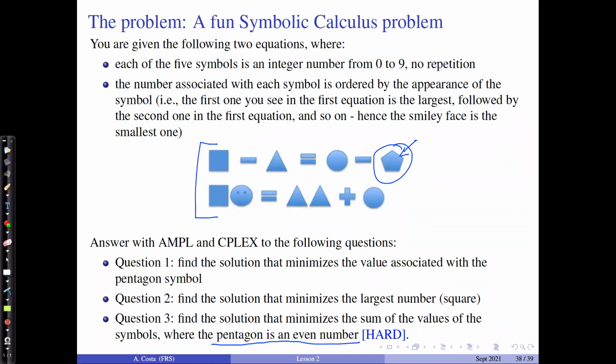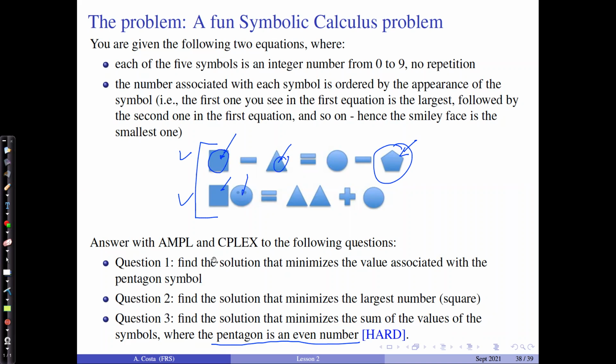So I repeat, you need to write a model where these 2 equations are respected, where each of these is a symbol, and this symbol is associated with an integer number from 0 to 9, no repetition. The order is that the first one you see is the largest, and this is the second, and so on.